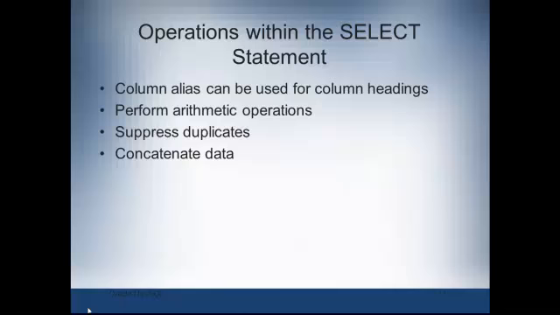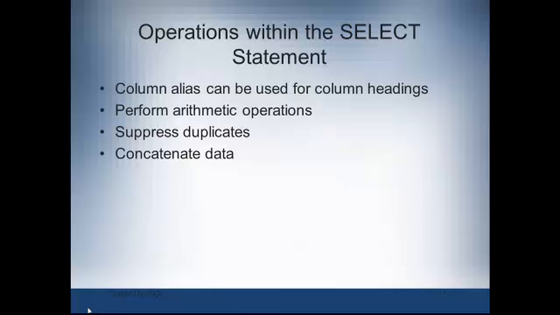You can also concatenate data. Concatenate means to put things together, to put two pieces of data together, or to put some data together with what's called a literal string, something within quotations or single quotes. We'll see an example of that.